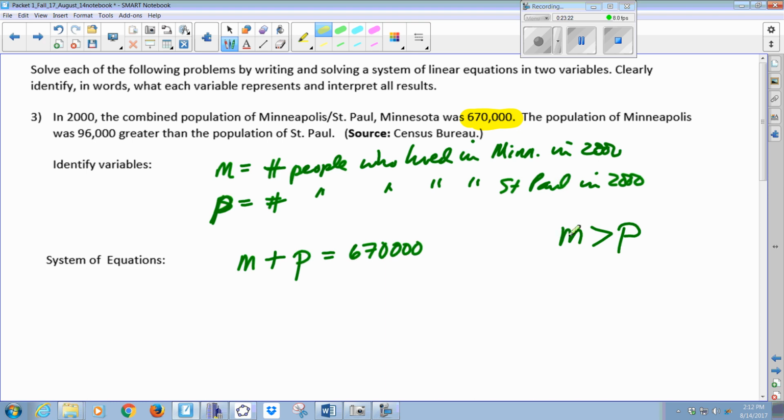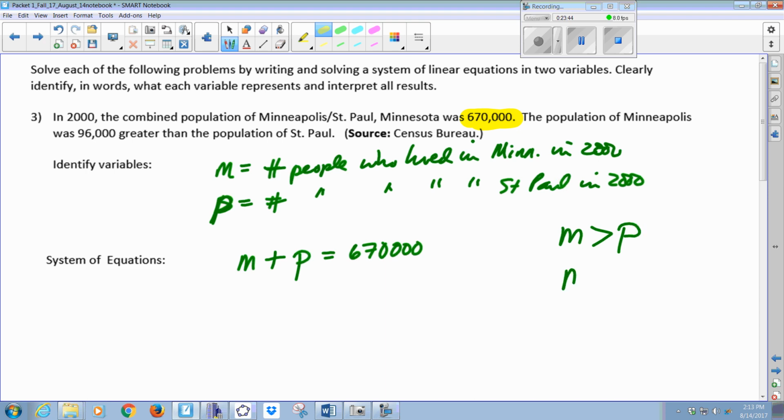I know that M is representing a number of people, and that number is bigger than the number of people in St. Paul. It's bigger by 96,000 people. So how do I make these two things equal? This number M is already bigger than this number.